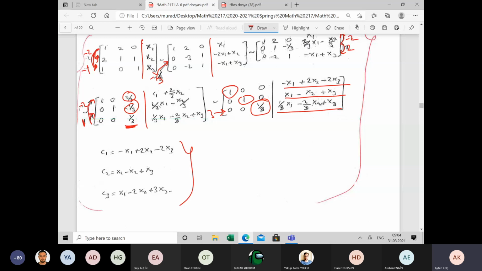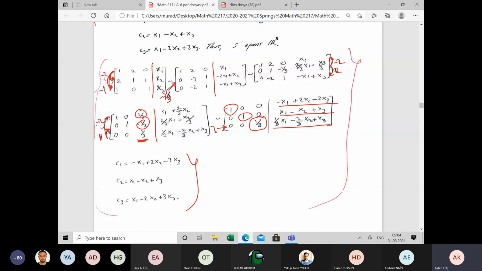Yes, it is possible to get C1, C2, C3. Look at the arbitrary vector x1, x2, x3 in R3. C1 depends on components of x, this one and this one.